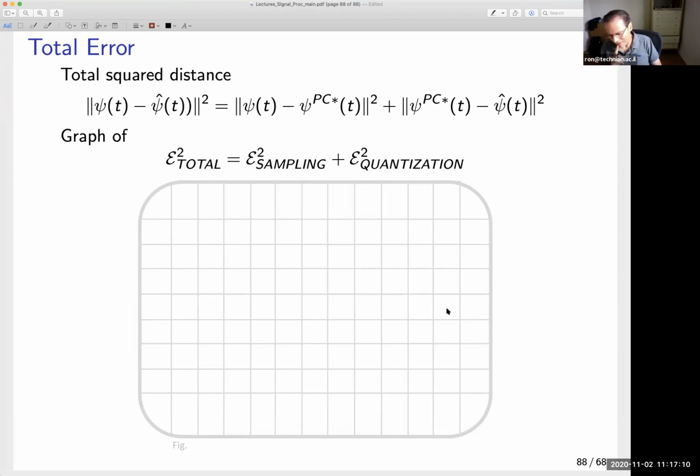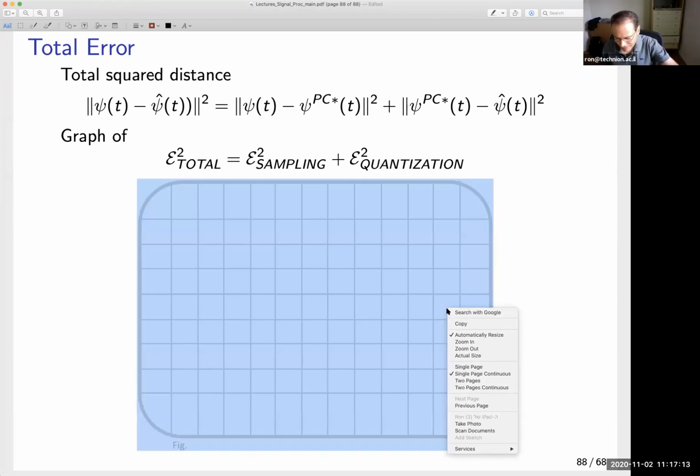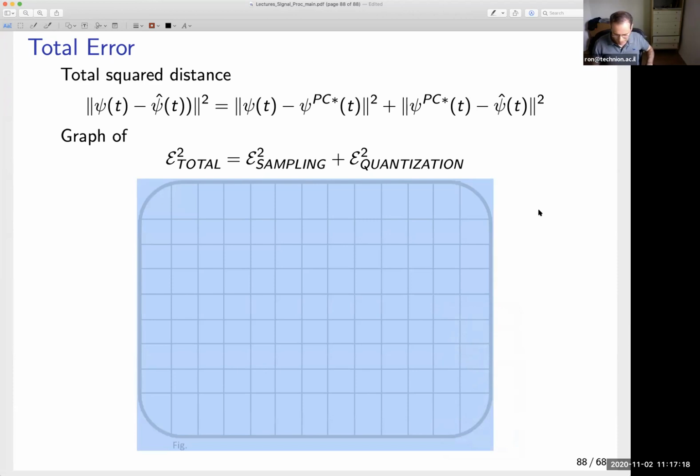Now what we see is the following. We have here two sources of errors. One of them is projecting onto the piecewise constant values, and the other one is projecting onto the space of all piecewise constant functions. Okay, so if I plot it like that, I'll just get rid of the blue here.